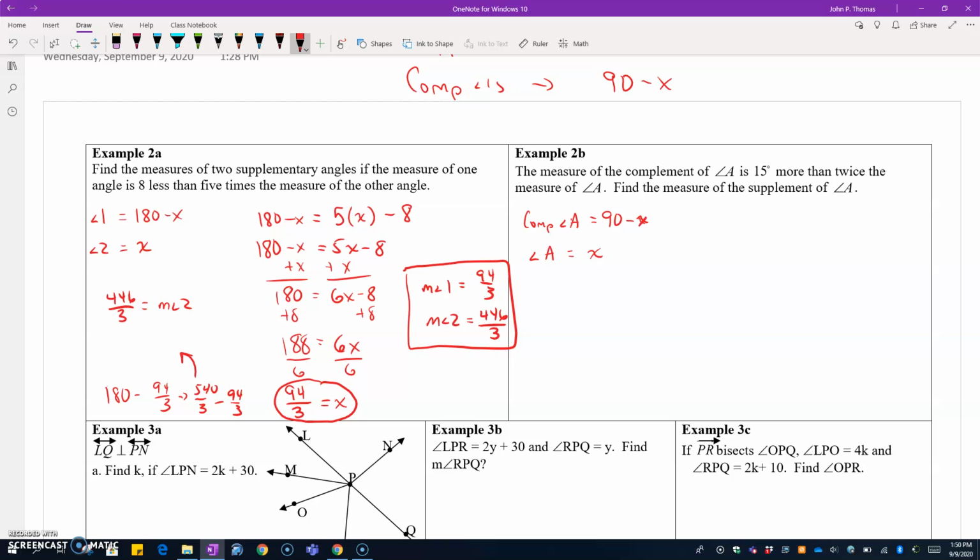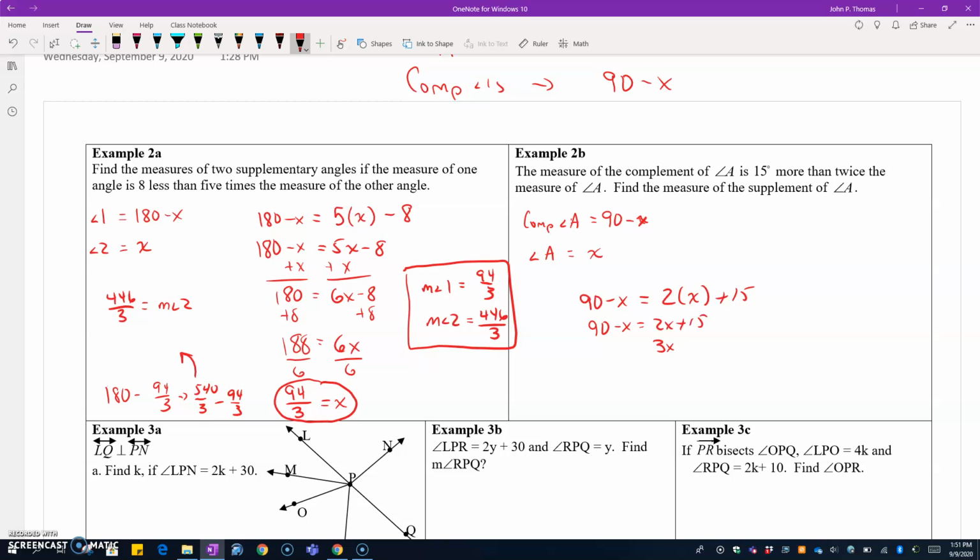So it says the measure of the complement of A, so 90 minus x, is 15 more than twice A. So 2 times something plus 15. And that something is the angle A, which is just an x here. So if I go to solve this, I've got 90 minus x equals 2x plus 15.